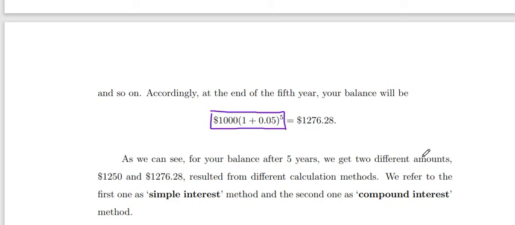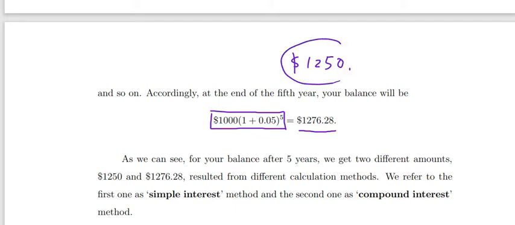From our calculation, we find this number is 1276.28. Before, we calculated this as 1,250, right?